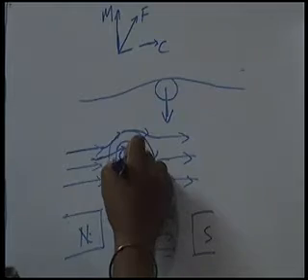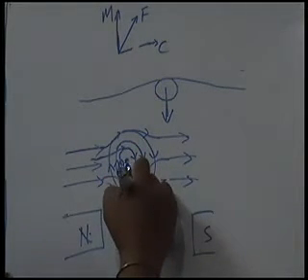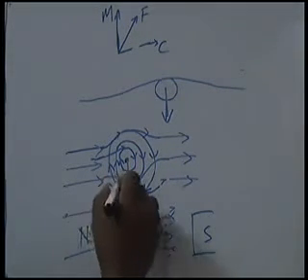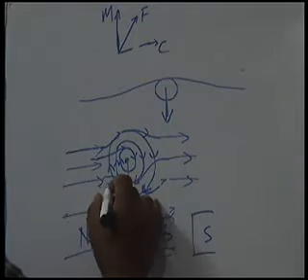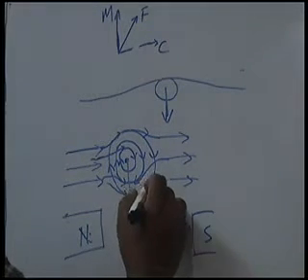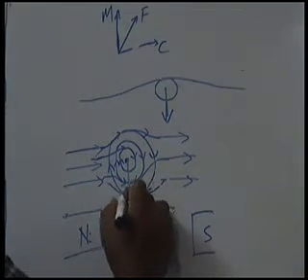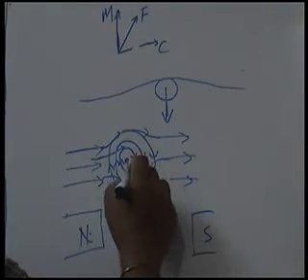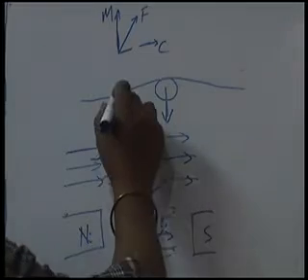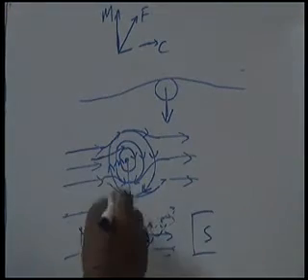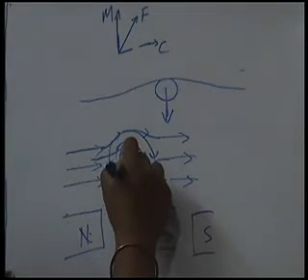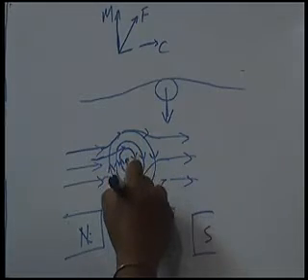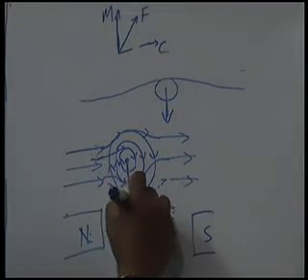And as the lower side fields are cancelling each other, there cannot be any force to the upper side. So as a result, the whole force is towards the downward side.